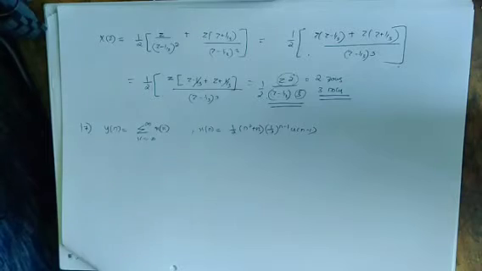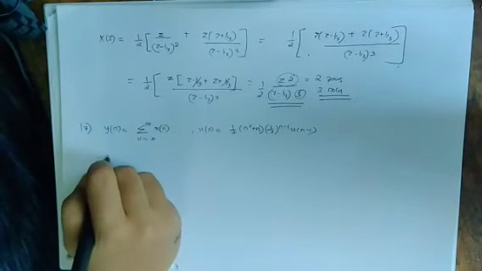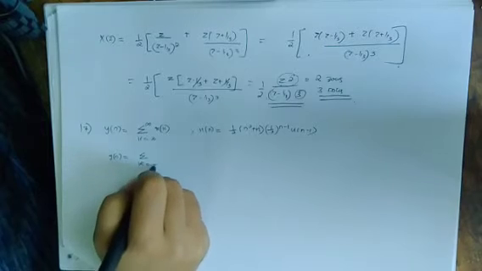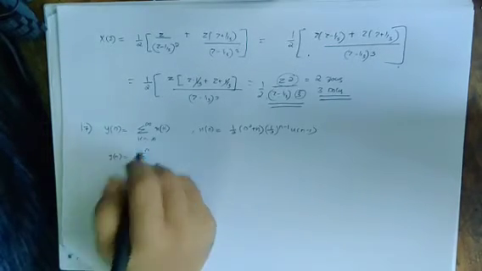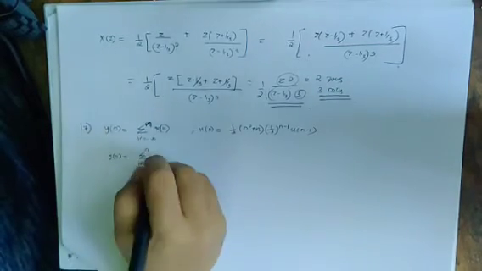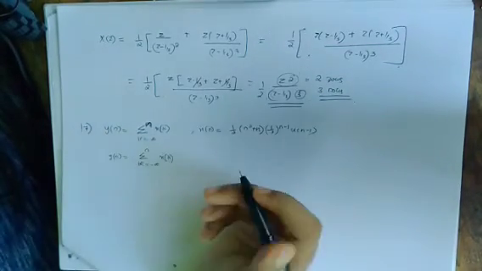So for that we have first to find out y of z. Okay. So y of n equal to sigma k is equal to minus infinity to n, actually it is up to n, x of k.